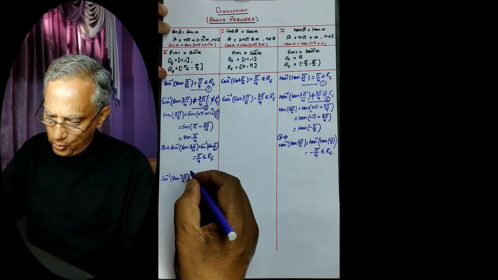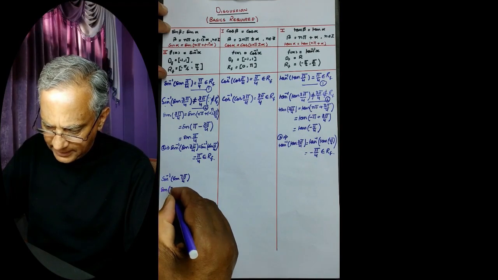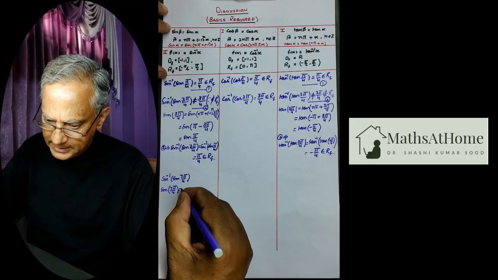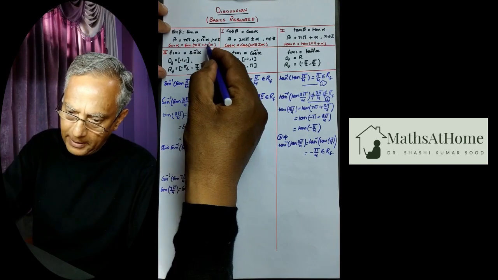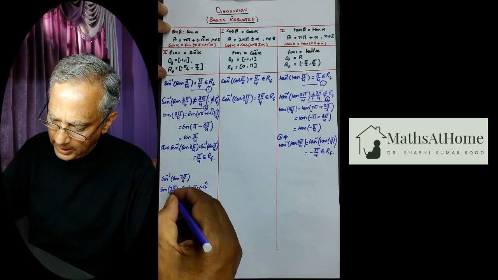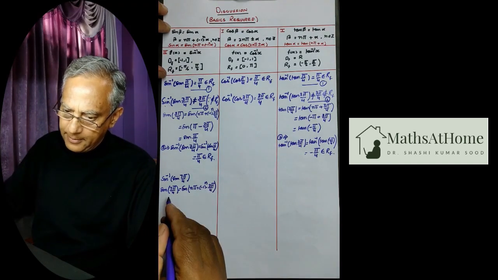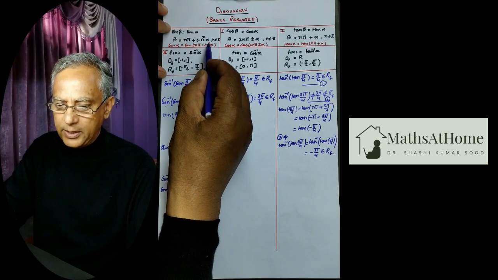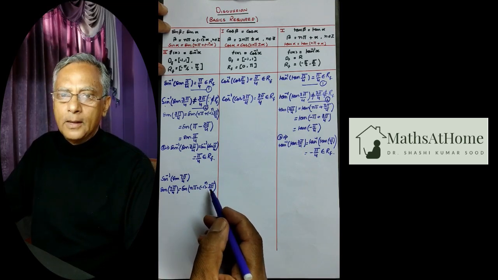So what we do is we can write sine alpha as sine of n pi plus minus 1 to the power of n into alpha. Alpha is 7 pi by 4.